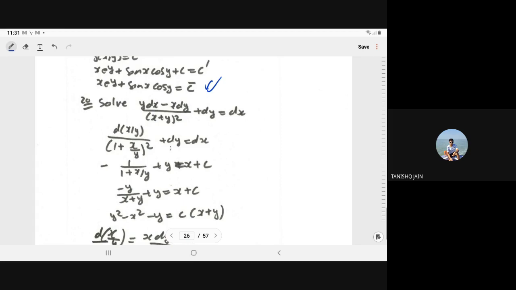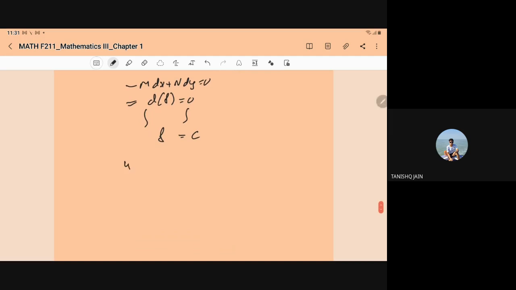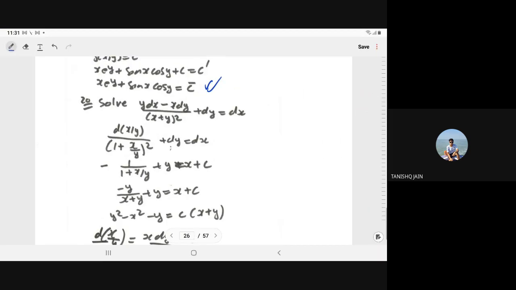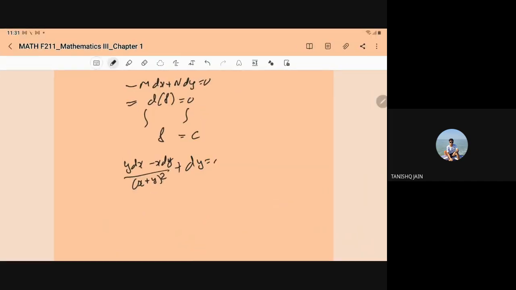Let us have the 20th one. Solve (y dx − x dy)/(x + y)² + dy = dx.